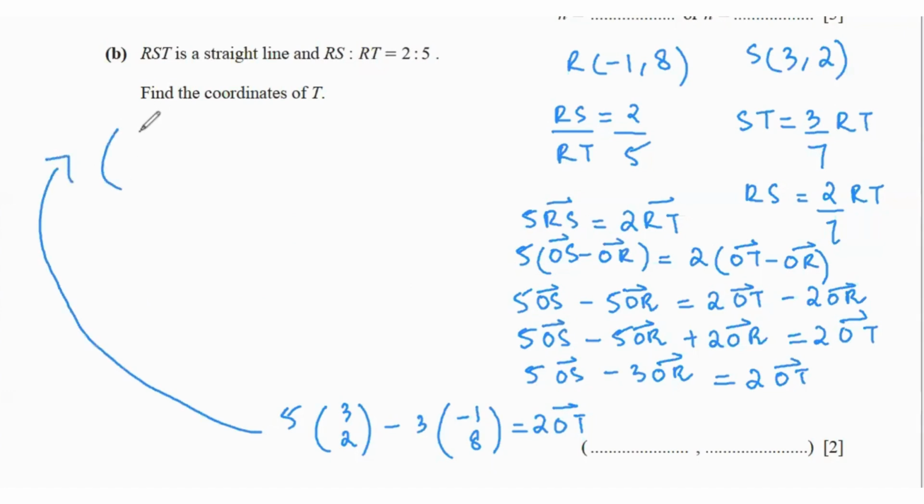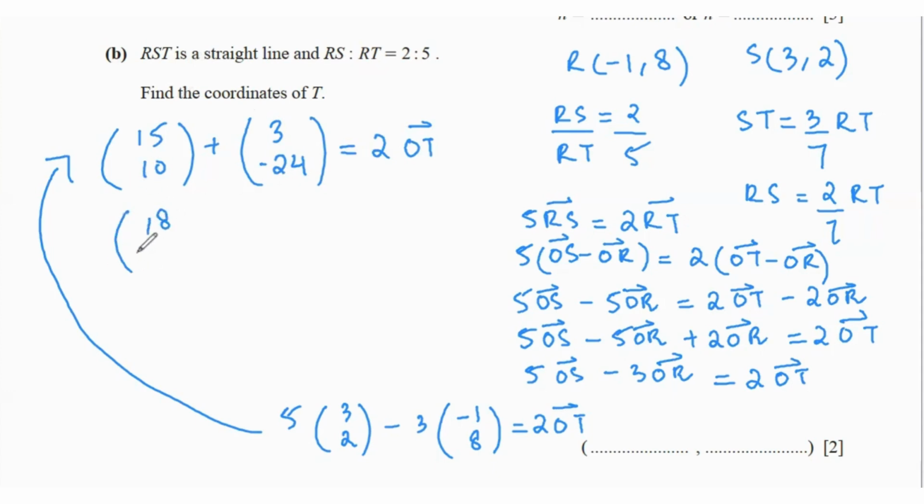So that's going to be 15 and 10, plus 3 and -24, because we're multiplying the negative with it. That equals twice OT. So 15 plus 3 is 18. 10 minus 24 is -14, equals twice OT.